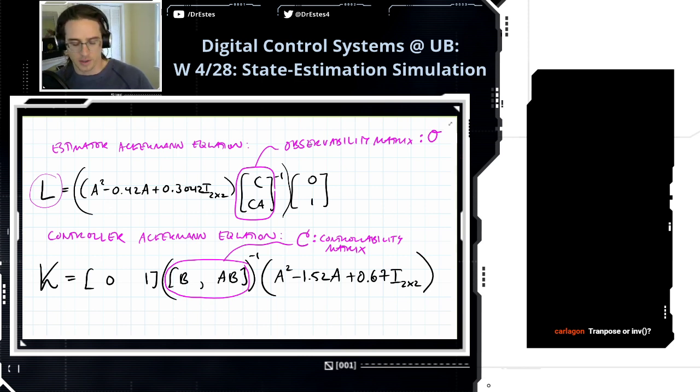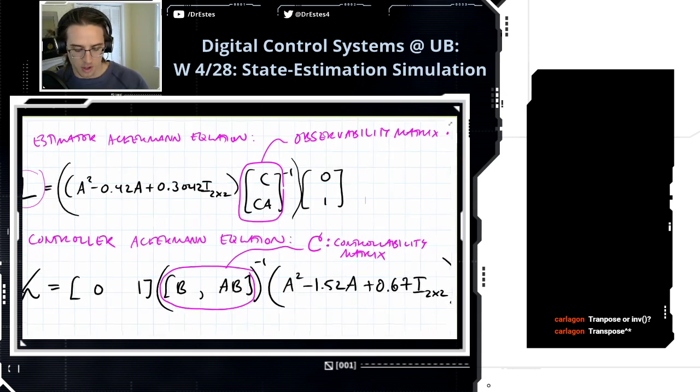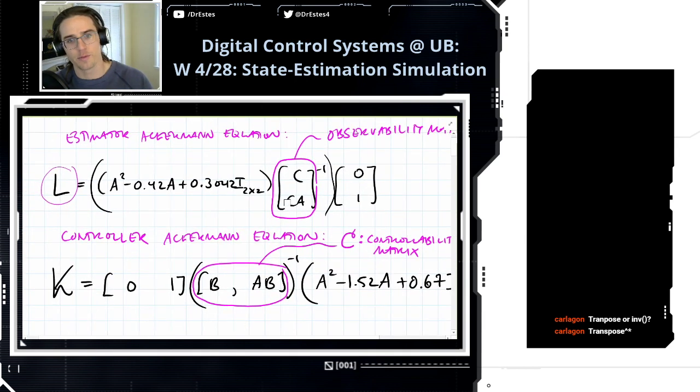Oh, I think you're saying like these are looking like the transpose of each other. Yeah. So this is something you should also check. Can I invert my observability matrix? Because if I can't, I'm not going to be able to estimate my states.